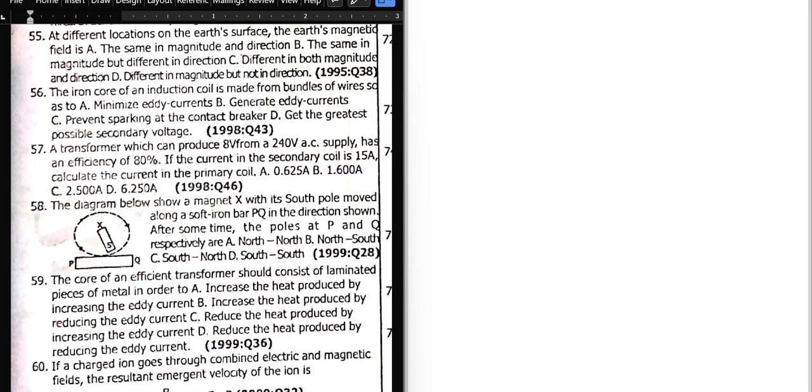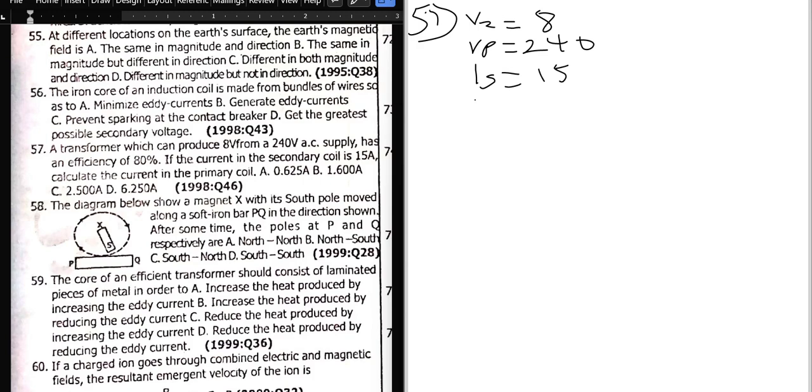All right, so let us write down what we'll be given. 57 will be given secondary volts, which is 8. We'll be given primary volts, which is 240. We've been given secondary current, which is 15. So we're looking for primary current, which is unknown. Then we also have efficiency, 80.